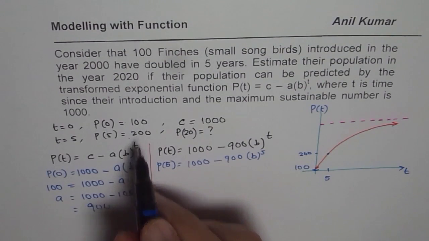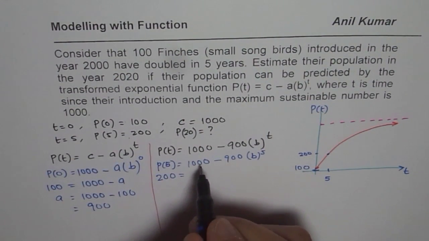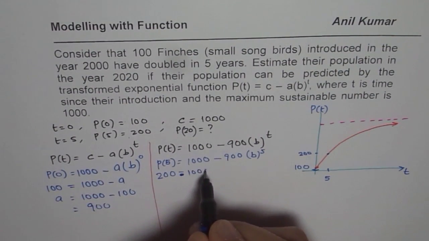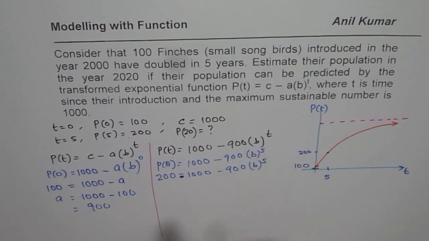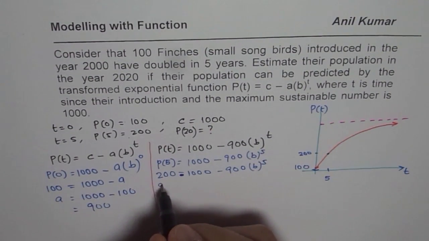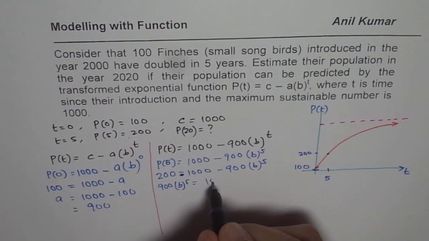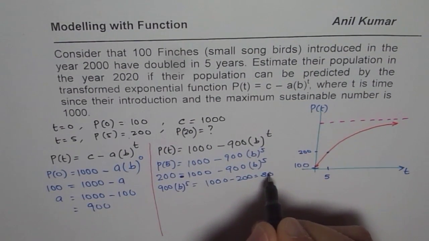After 5 years we know it's 200, so we write 200 equals 1000 minus 900 b to the power of 5. Now we can write 900 b to the power of 5 equals 1000 minus 200, which is 800.